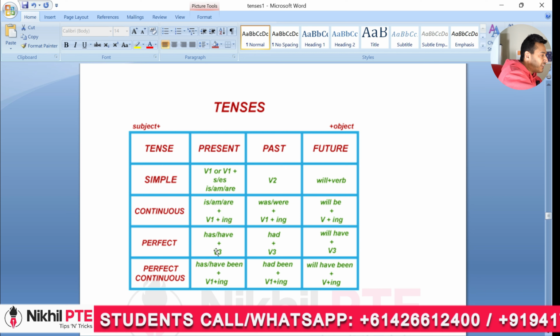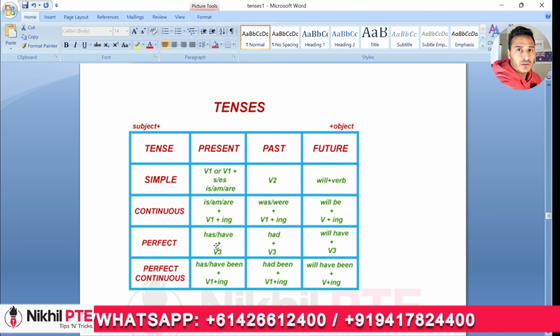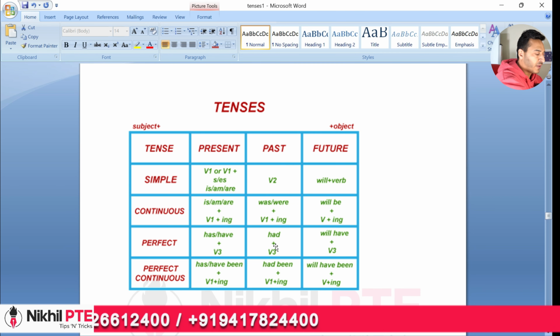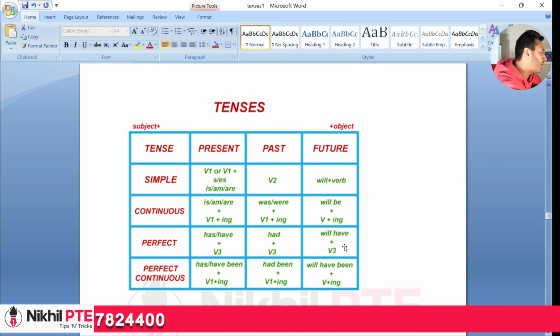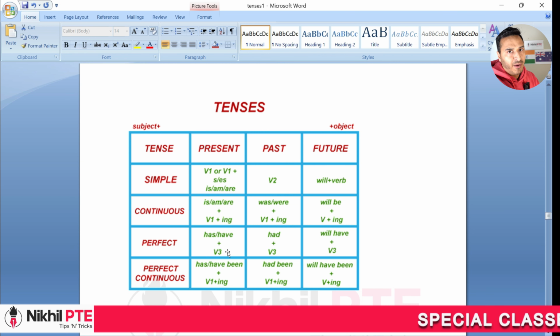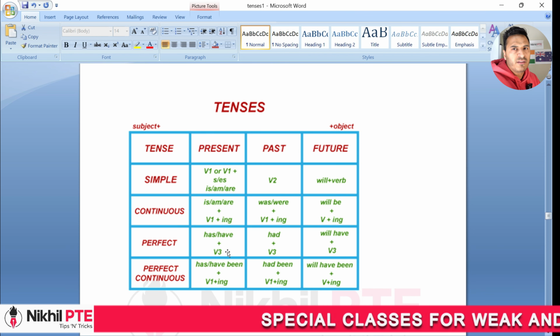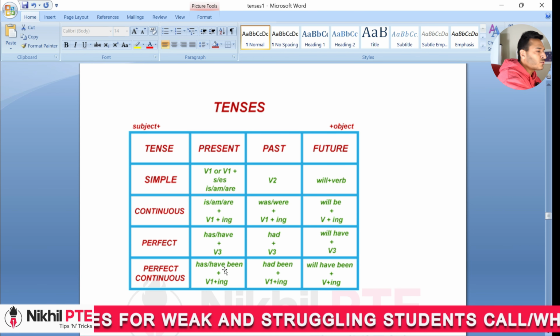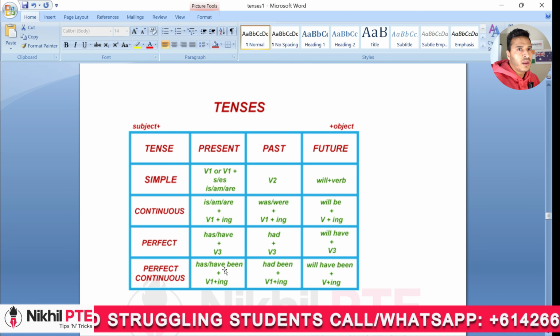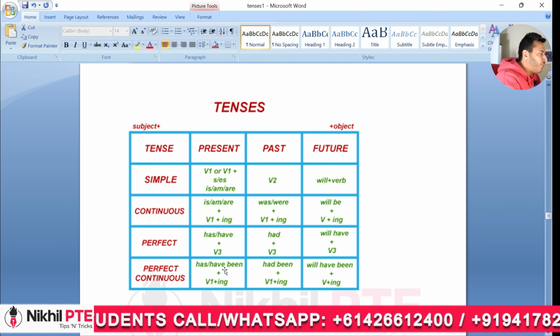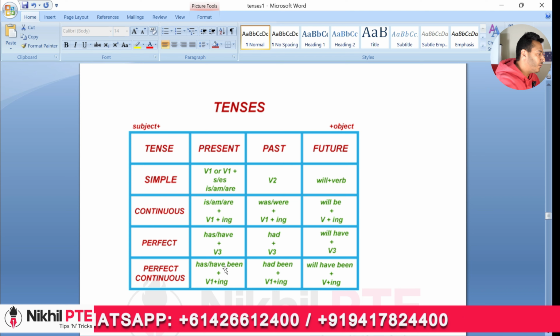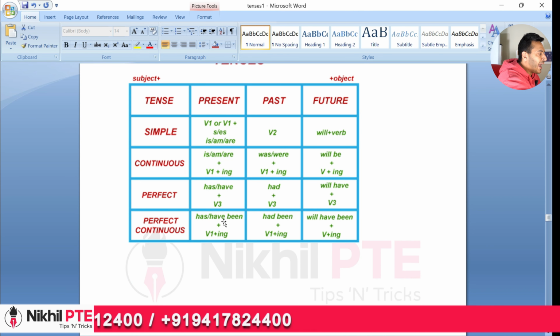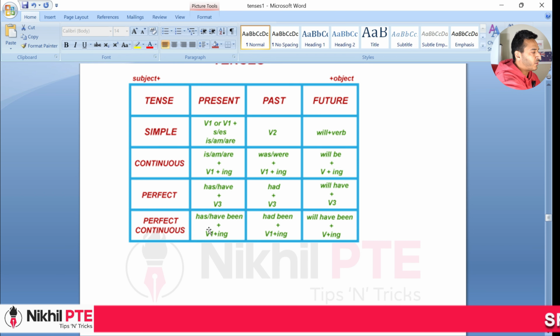Present perfect: has, have plus third form of verb. Past perfect: had plus third form of verb, and future: will have plus third form of verb. You can see the difference is very little, right? Tenses are so easy if you understand, right? Some students are always confused about where to use has, have, so you should understand has been, have been plus first form of verb plus ing in the case of present perfect continuous.